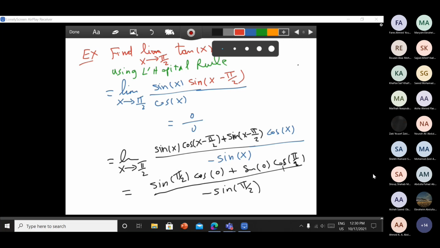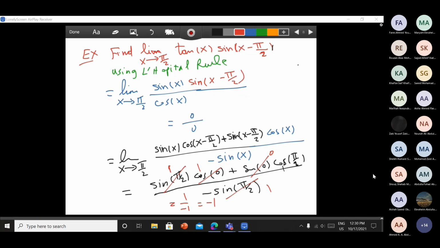Sine pi over 2 is 1, and cosine 0 is 1. Sine 0 is 0, so all of this one is 0. Sine pi over 2 is 1. So I end up with 1 over minus 1, so it will be minus 1.